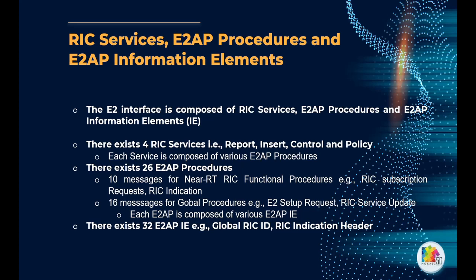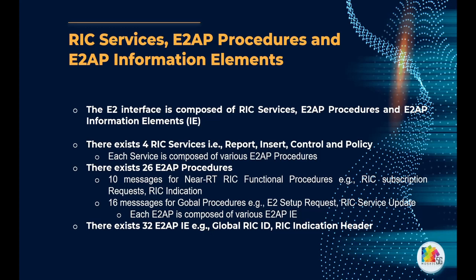There exist 26 E2AP procedures. For instance, E2 setup request, E2 setup response, two of them, right? We have 26 of these procedures, which have nothing to do with the xApps. This is really about the E2AP protocol.